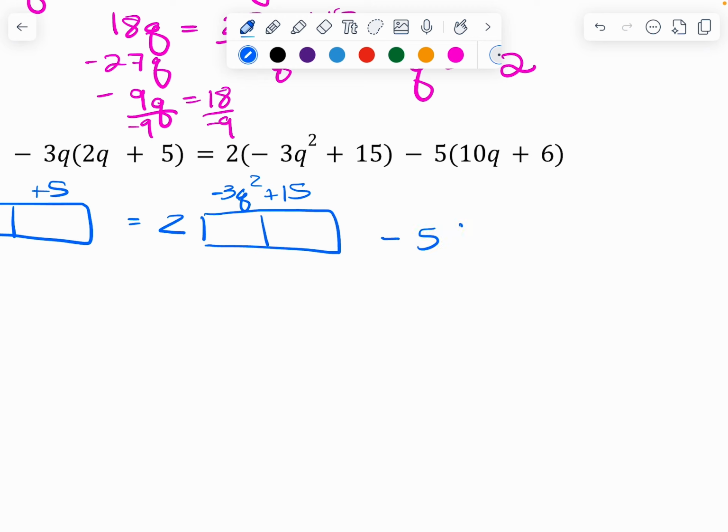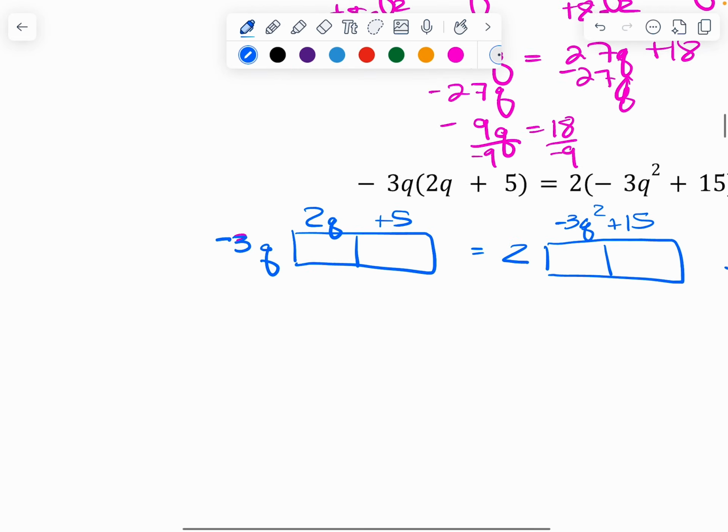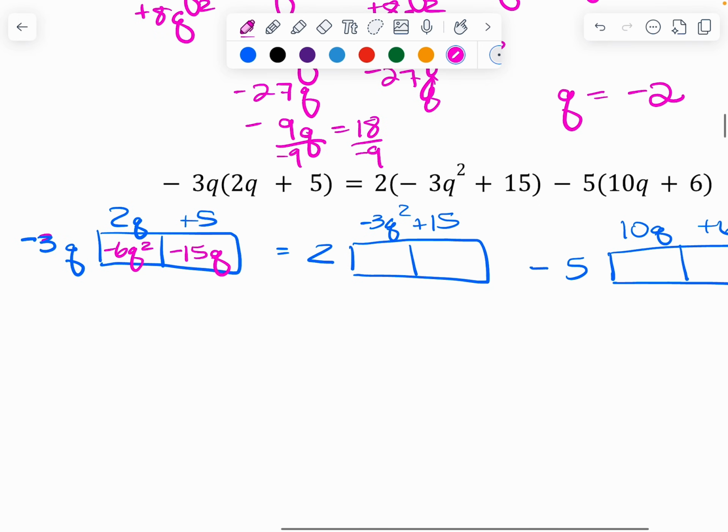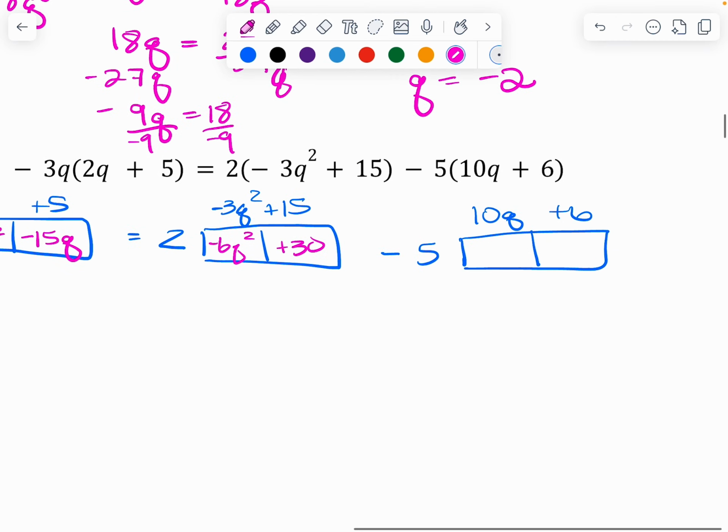Minus 5. 10q plus 6. Okay, now I fill in the blanks. So this would get me negative 6q squared, negative 15q. This would get me negative 6q squared plus 30, negative 50q, and negative 30.